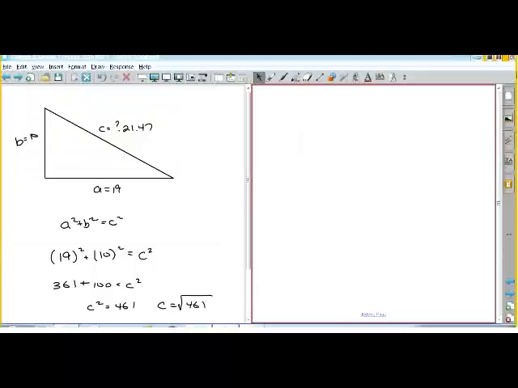So the other case would be, let's say we're given the hypotenuse. So we're going to make up another triangle. Let's make it slightly different. So here's our triangle, and this is again a right triangle. Let's say this is equal to 15, this is equal to 10. What's that equal to? Because it's a right triangle, we can use the Pythagorean theorem, so let's call this side A. What we'd have is a squared plus 10 squared is equal to 15 squared.